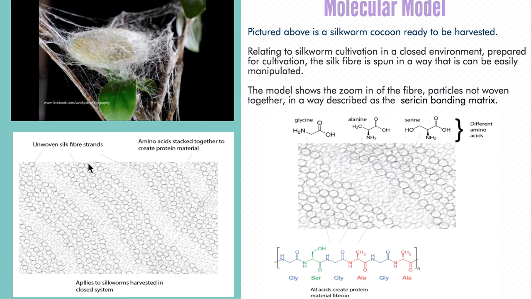So these silk fiber strands are made out of the protein material fibrine. In my zoom in bubble over here, you can see that these strands are made out of the protein material fibrine, but that protein material is made out of three different amino acids, which are glycine, alanine, and serine, and these come together to create that long silk fiber strand.